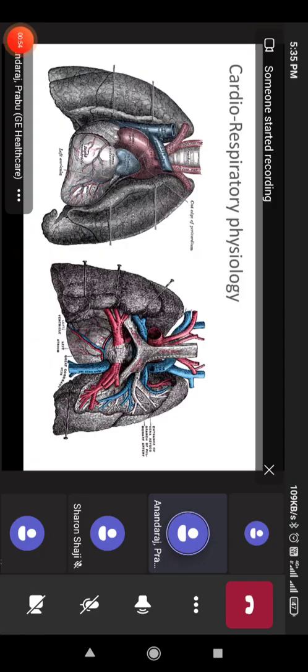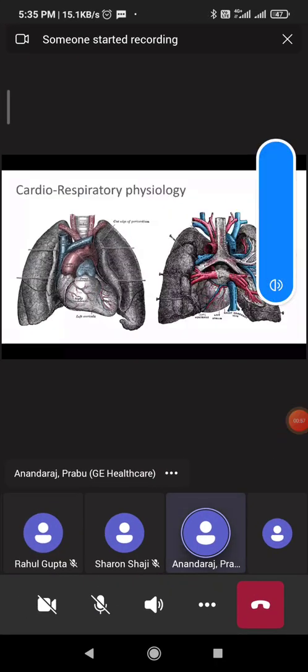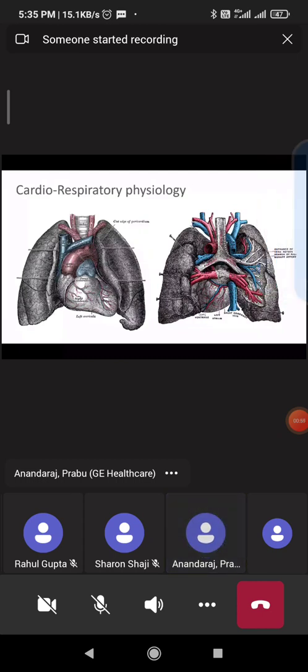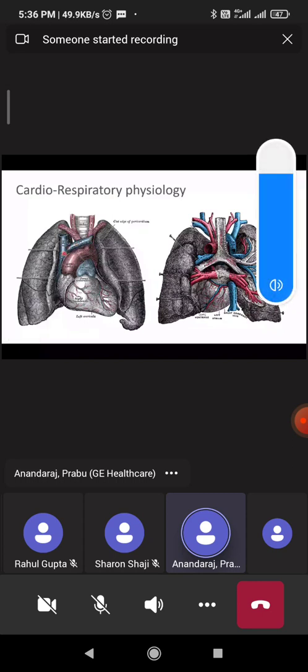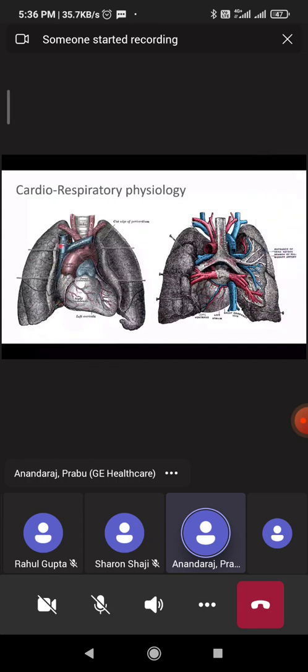As a result, the blood coming back to the heart from the venous system, these blue vessels you are seeing here, is affected. The veins carry deoxygenated blood back to the heart from the rest of the body, so this has to be at low pressure. The pressure outside the chest wall should be higher than the pressure in the great veins like the inferior vena cava or superior vena cava. Only then will the blood come back to the heart.